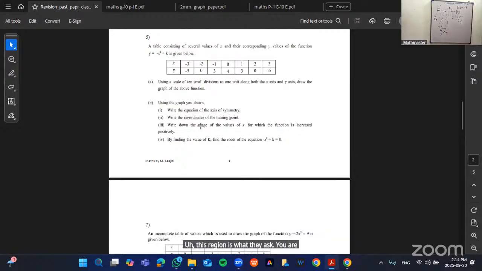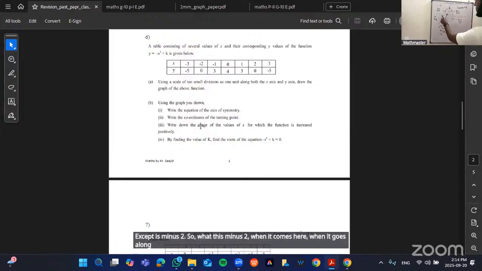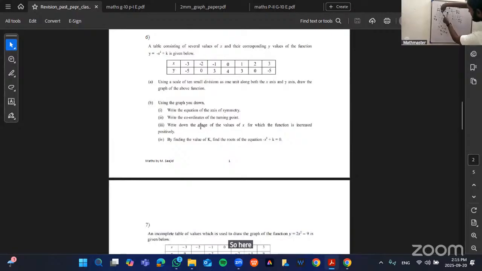They ask for the value of x. So where does the value of x start? Here, the x value is -2. When it goes along this, the -2 value comes here, so here is a point. And here is the final x value. What is the final x value here? 0. So the x value should be greater than -2, and it should be less than 0.